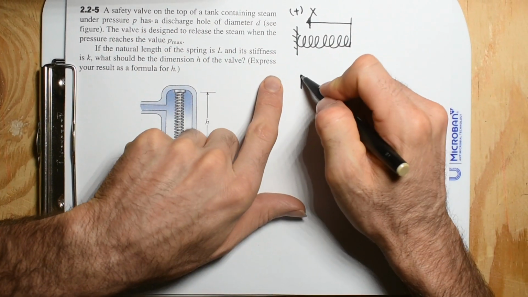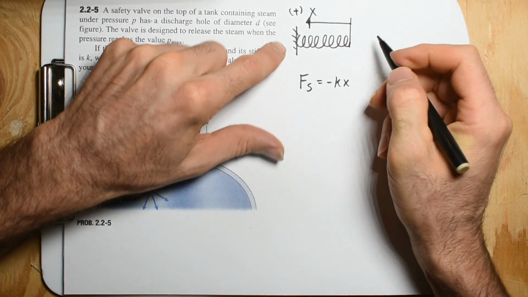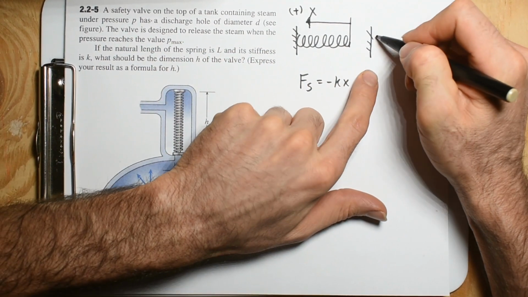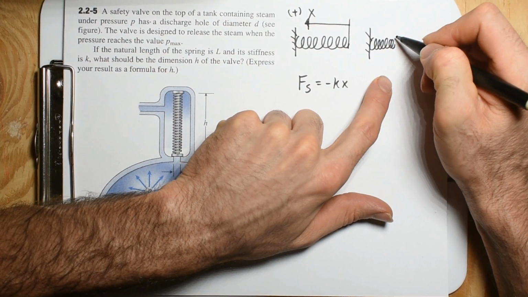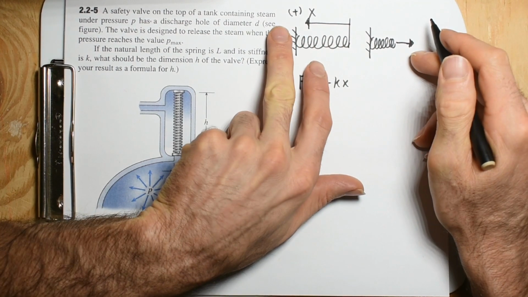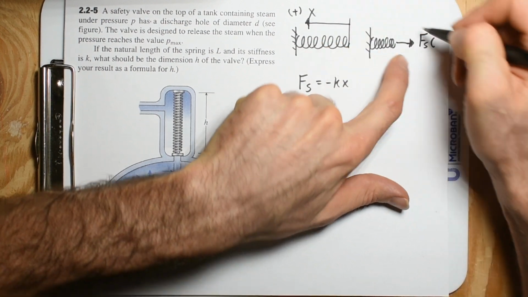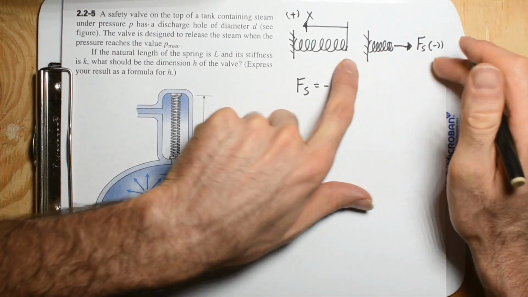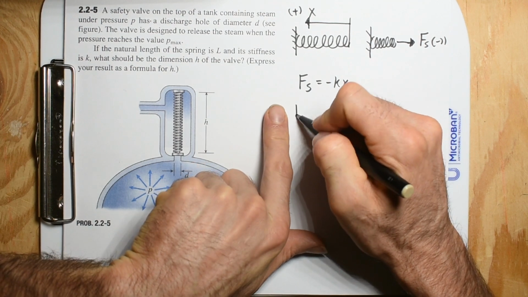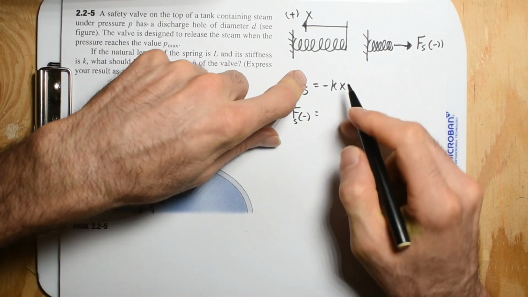Now, force of a spring, negative kx. Now we're going to have it bunched up, and this spring is going to have a force in the negative x direction. So we're hoping to get a negative force. So right here, we're shooting for this spring force to be negative. We're going to see if it is.